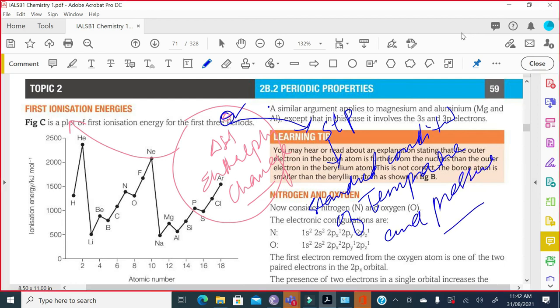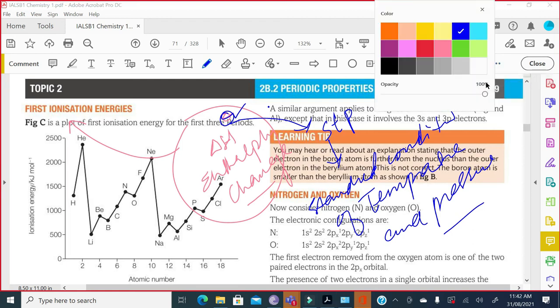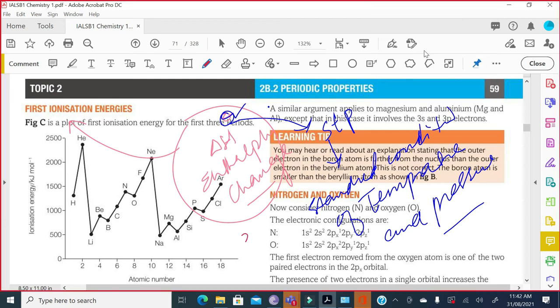What are those standard conditions? The standard temperature is 298 Kelvin, and pressure is 1 atm.